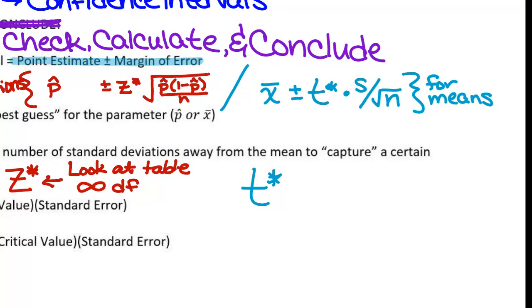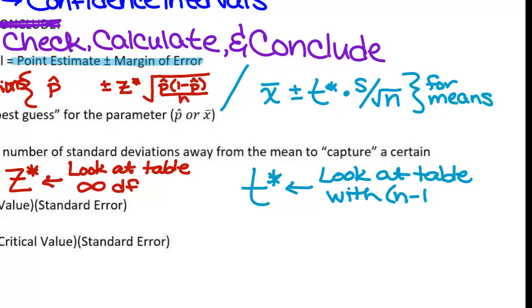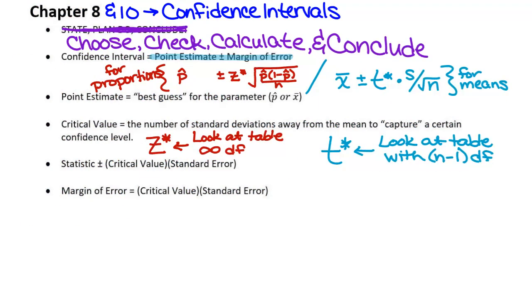For t star, we still look at the table with n minus 1 degrees of freedom.